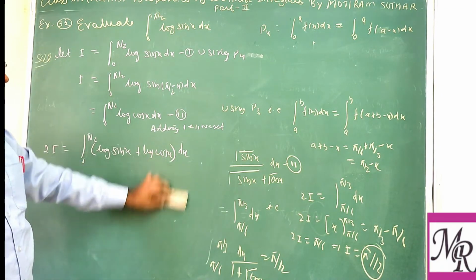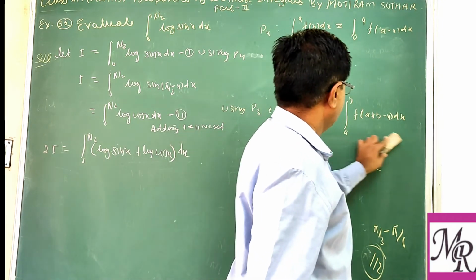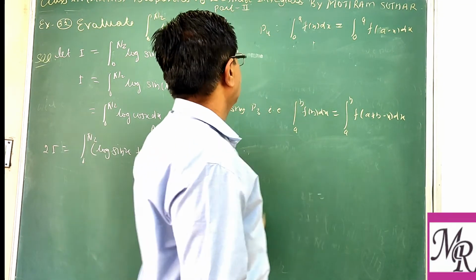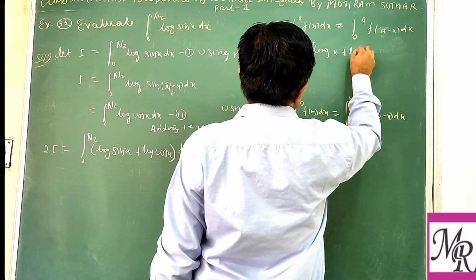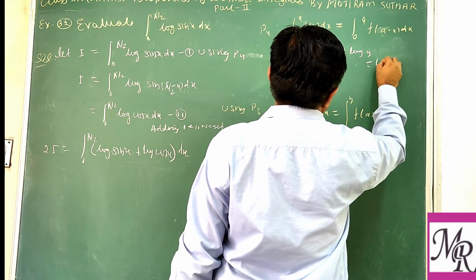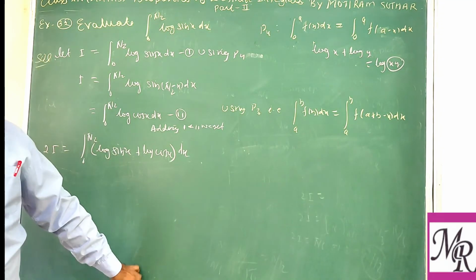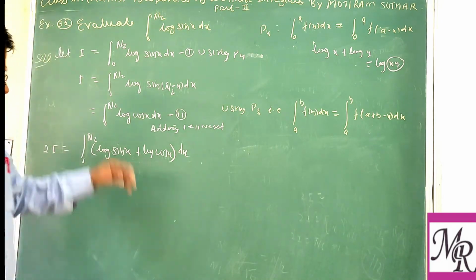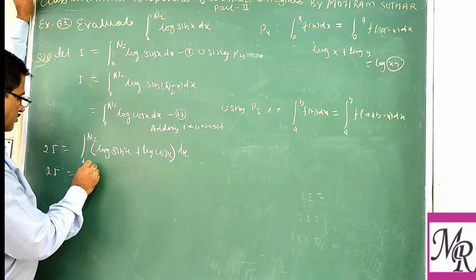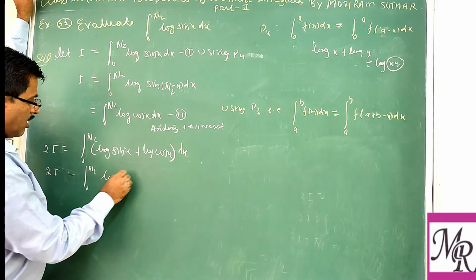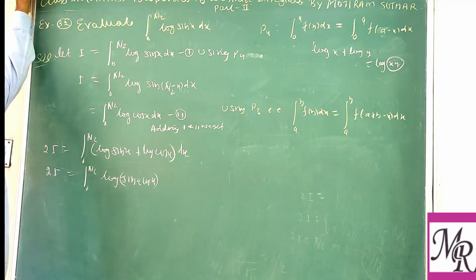Now our job is to simplify this by using the rules of the log. You know log of x plus log of y is equal to log of x into y. X means here sin x and y means cos x. So we may write 2I equals integral from 0 to pi by 2 of log of sin x into cos x.